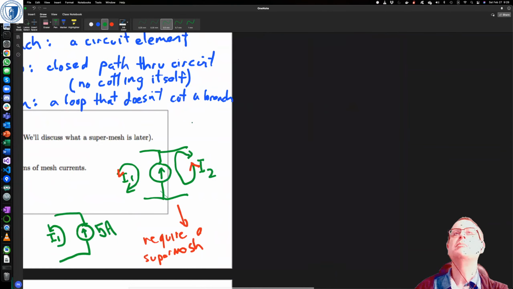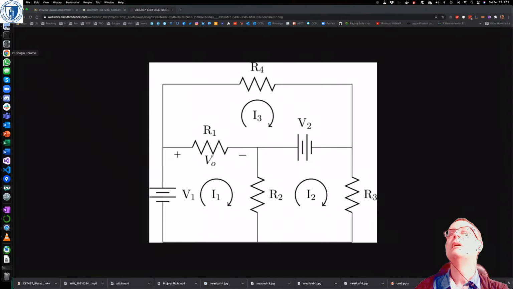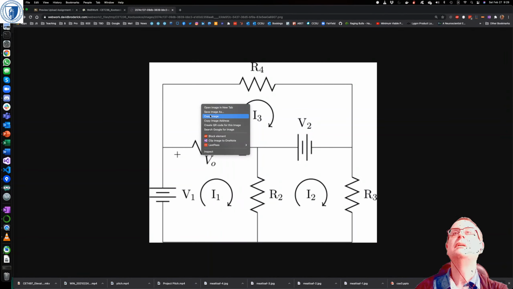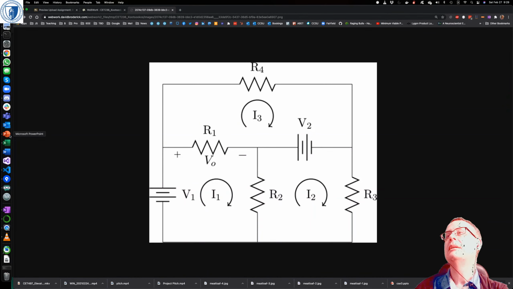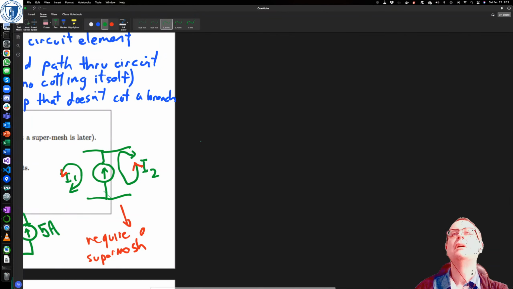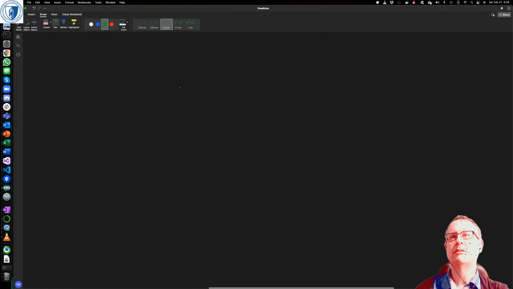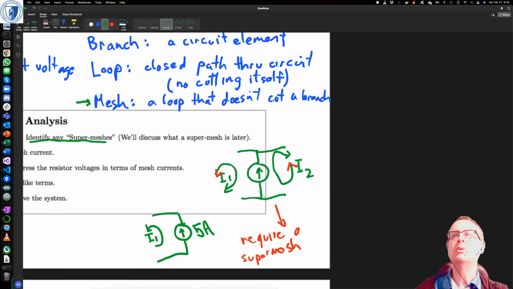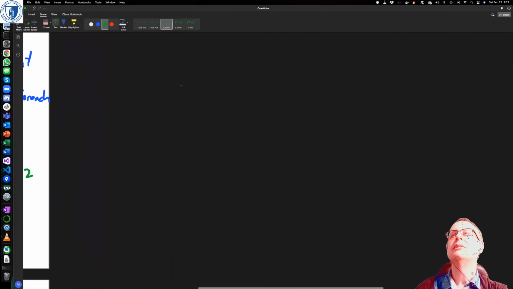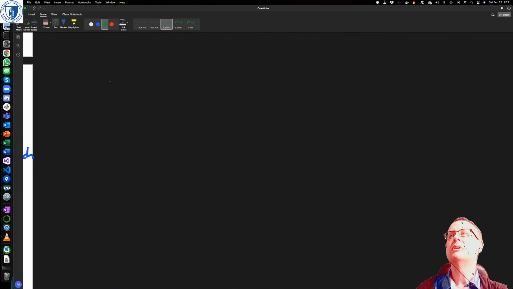So what I thought might be good is if we can take that image and just have a quick look at it from a mesh analysis viewpoint. Right, there's the algorithm, so we'll put it up here.